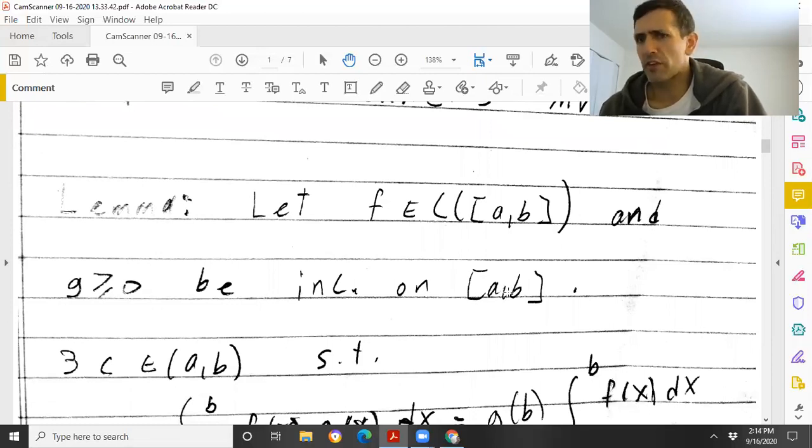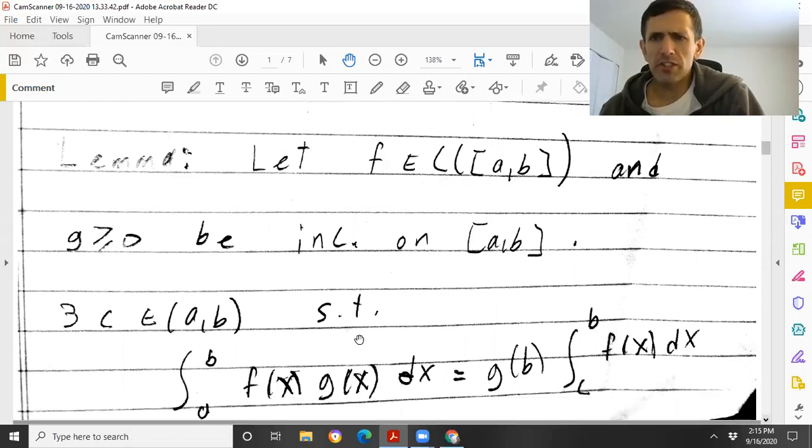So in particular, everything is Riemann integrable. If you remember from 511, a function that's monotone is continuous except possibly at a countable number of jumps on the interval. So it's certainly continuous almost everywhere, and hence Riemann integrable. So there exists a C between A and B where this is true.